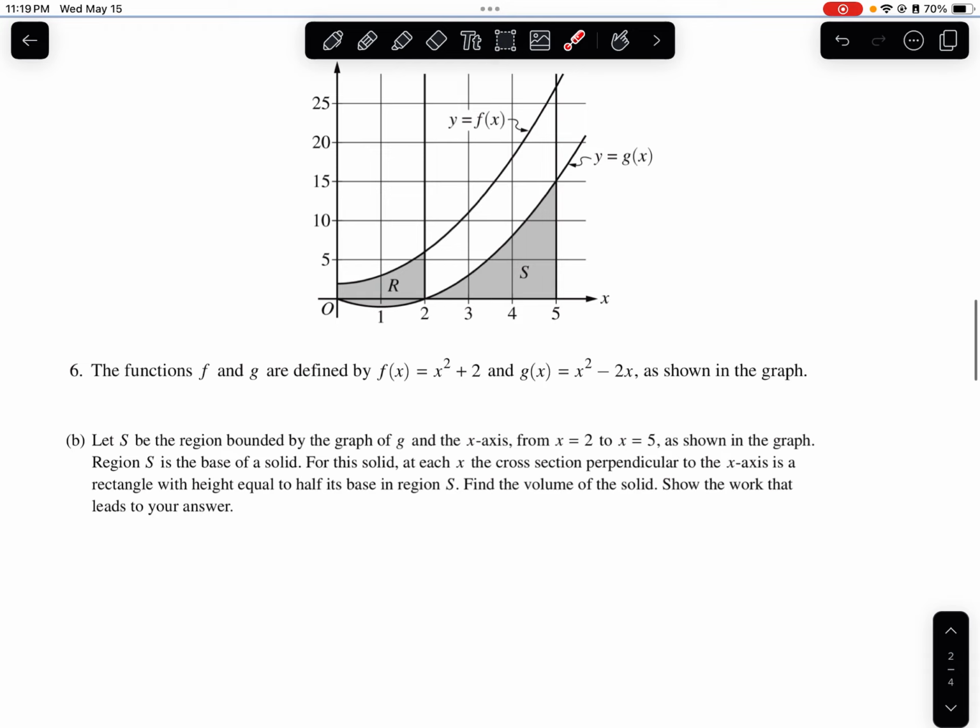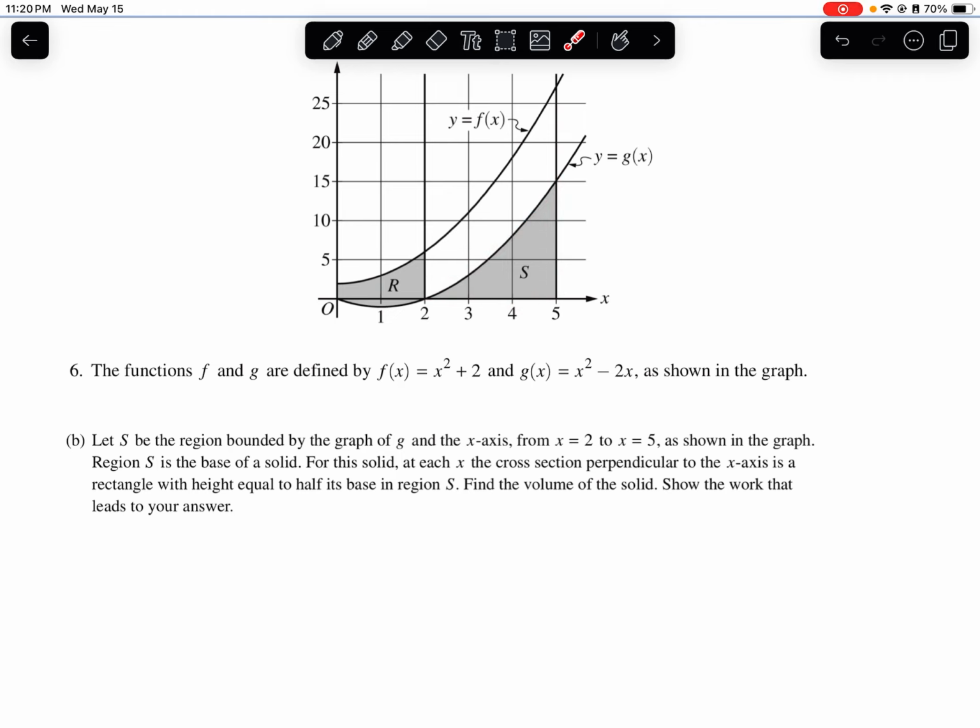Okay, part B. Let S be the region bounded by the graphs of g and the x-axis from x equals 2 to x equals 5. Okay, so here's region S as shown in the graph. Region S is the base of a solid. So we have some solid that is on top of this region right here.